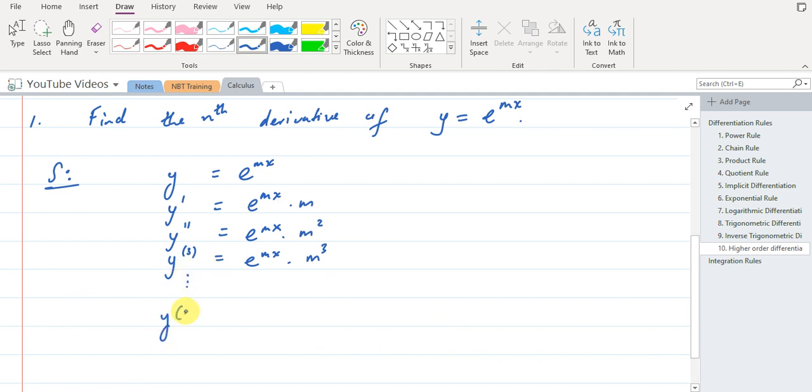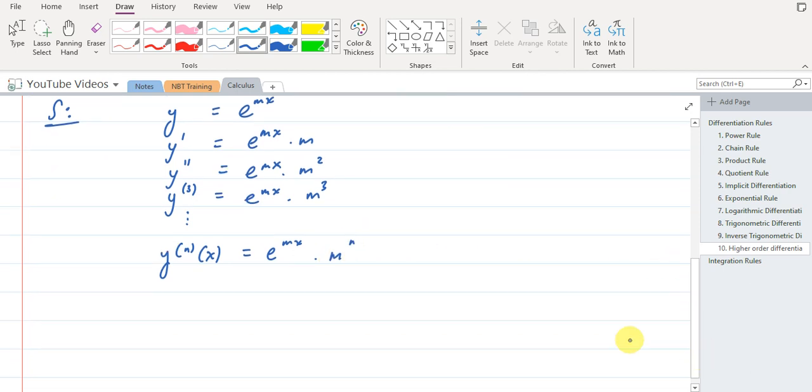The nth derivative is equal to e to the power mx times m to the power n. So if we want to find the 100th derivative of e to the power mx, your answer will be e to the power mx times m to the power 100. That should be the solution.